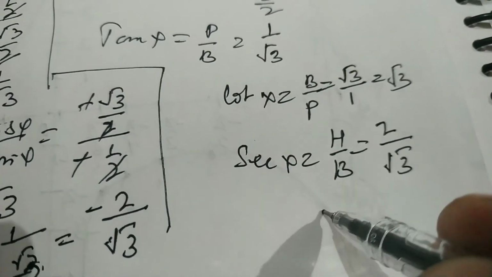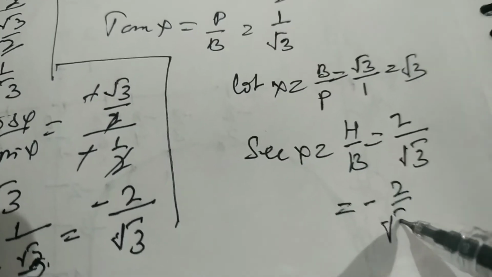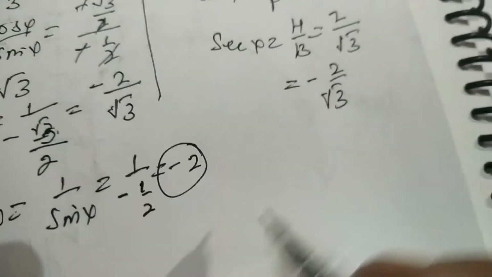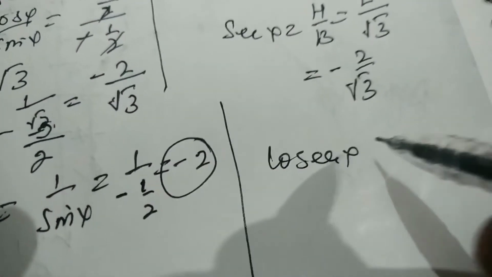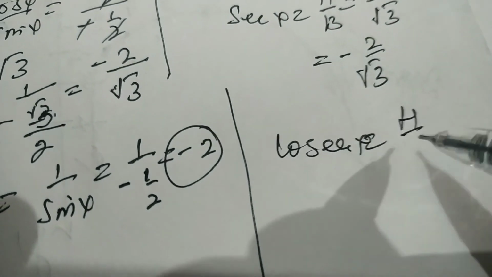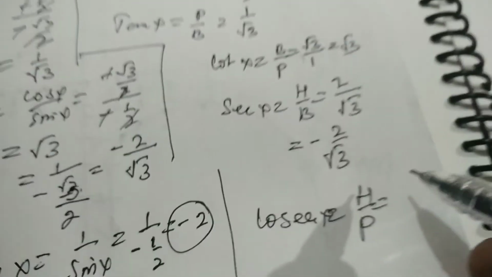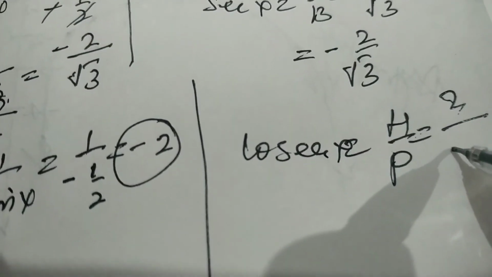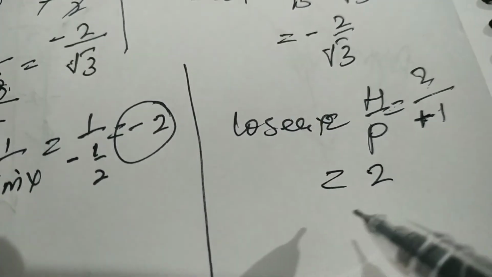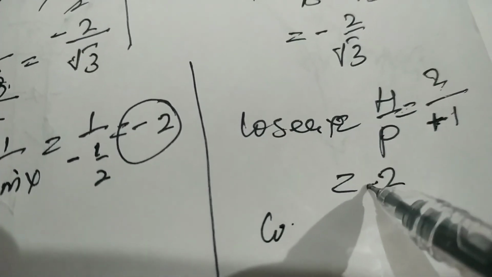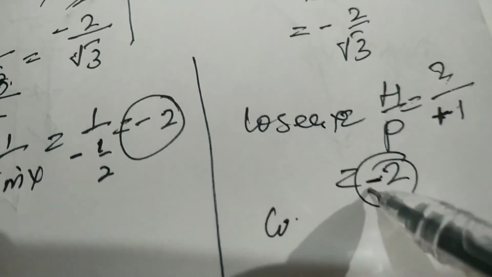Again sec x is negative, so we write minus 2 upon root 3. And then cosec x is equal to hypotenuse upon perpendicular, that is 2 upon 1, which is 2. Cosec x is negative in the third quadrant, so we write negative.